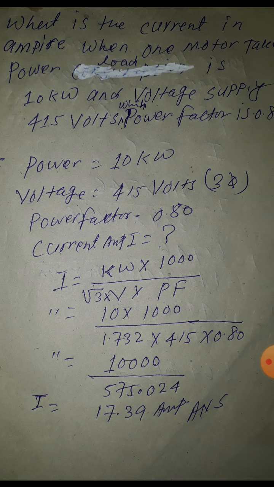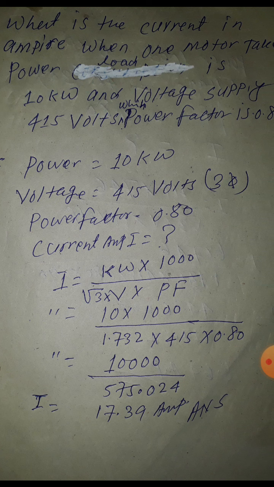Okay, as per the formula, amps is symbolized by I, and the formula is kilowatt into 1000 divided by root 3 into V into PF. If three phase power is given to any equipment, you multiply by root 3.